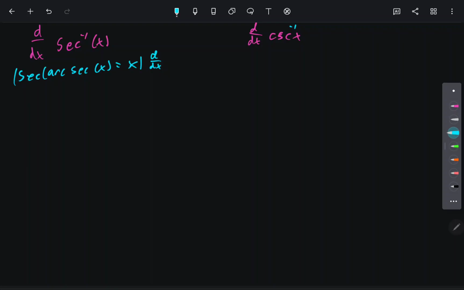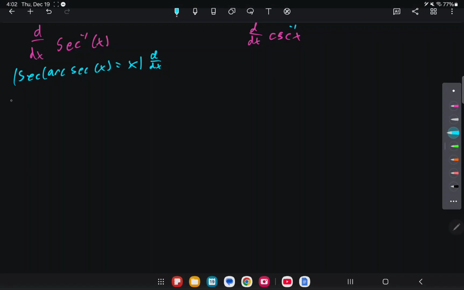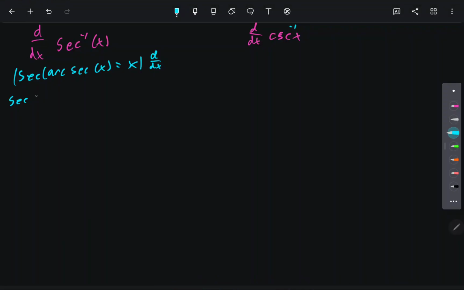So we get secant of arcsecant of x times tangent of arcsecant of x times the derivative with respect to x of secant inverse, which I'm just going to have to change the notation on to save space, is equal to 1.